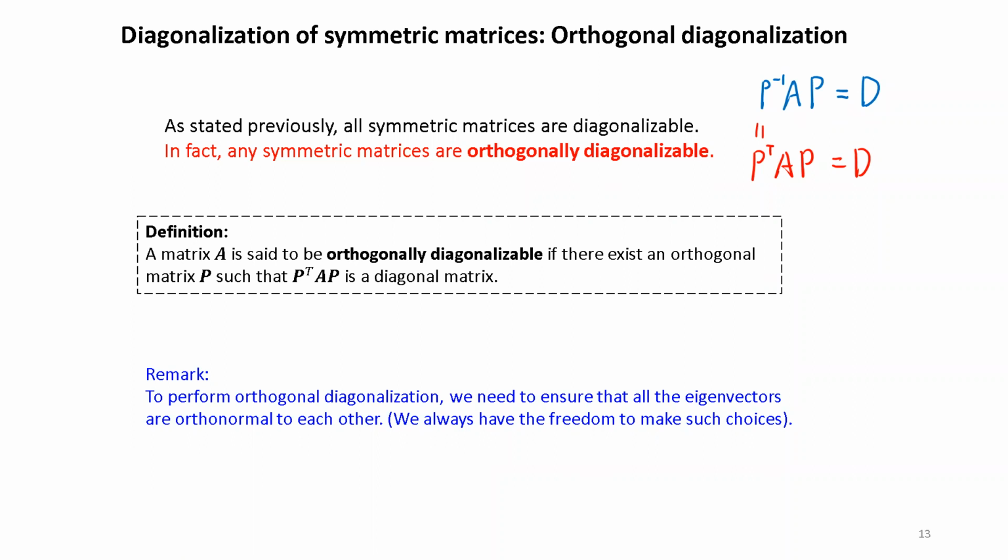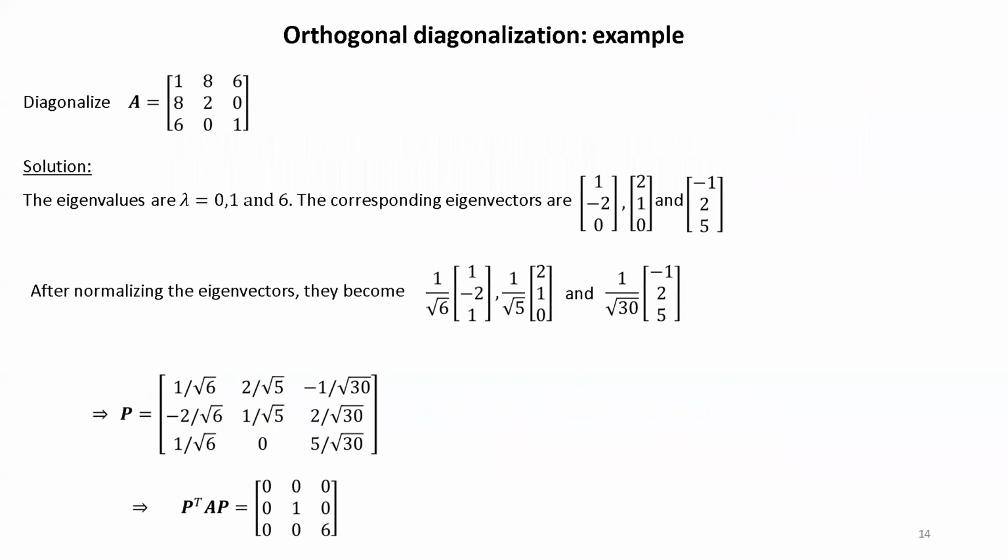Remember when we try to diagonalize a matrix, how do we construct this P? You may still remember from the last part of the lecture that P is constructed by the eigenvectors.